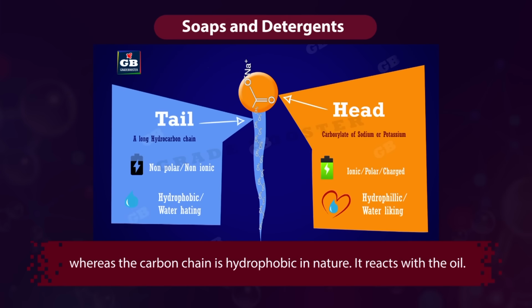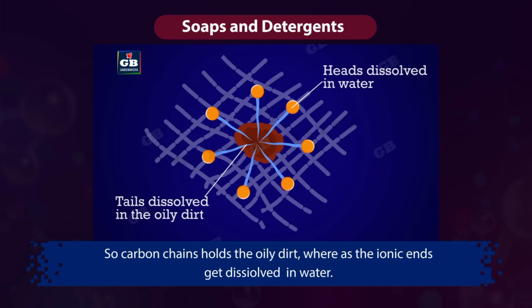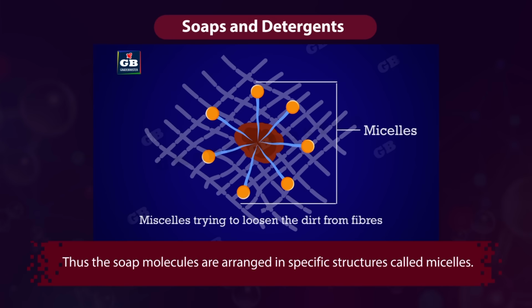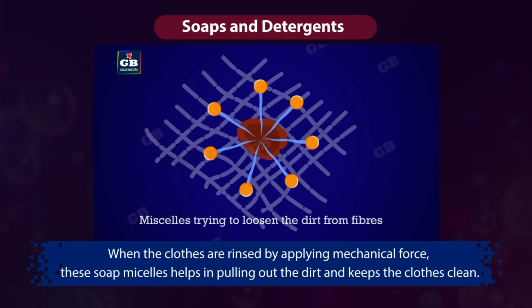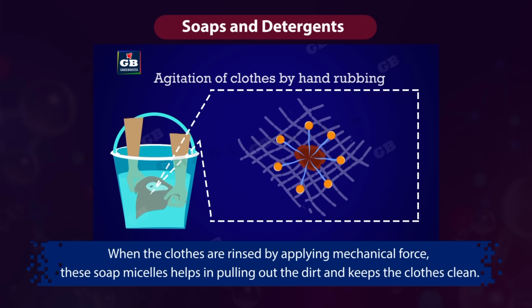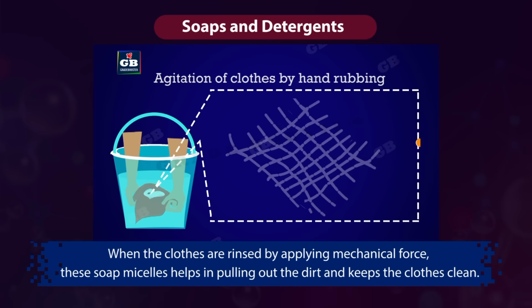So carbon chains hold the oily dirt, whereas the ionic end gets dissolved in water. Thus, the soap molecules are arranged in specific structures called micelles. When the clothes are rinsed by applying mechanical force, these soap micelles help in putting out the dirt and keeps the clothes clean. This is all about carbon and its compounds.